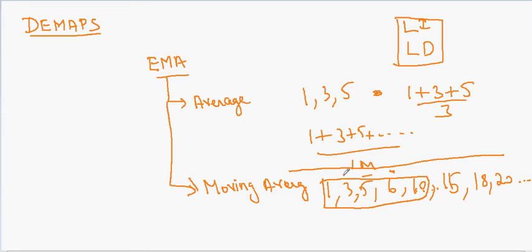So at a time only 5 numbers are selected to take the average. It's not like all the numbers are selected, only 5 numbers are selected in the window and they keep on moving.